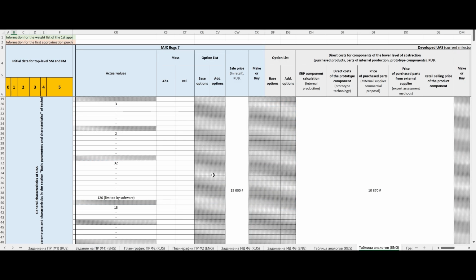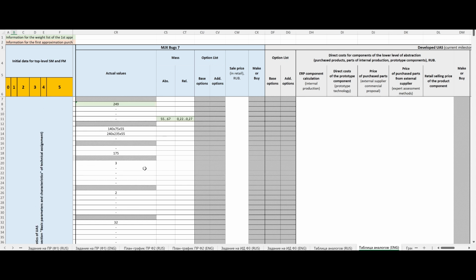Thus, since it's not indicated anywhere that we should design an unmanned aircraft system with a significant degree of novelty, which no one in the world has ever designed, then with a clear consequence we can use the three blocks of the table listed by us to form the first approximation of the structural model and further form the first approximation of the functional model based on it, the functional model of the UAS being developed.